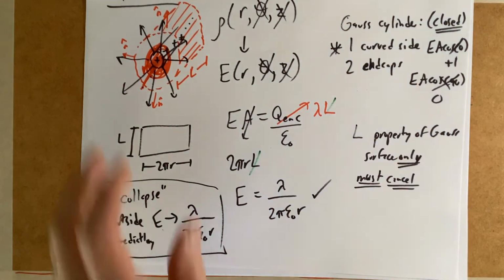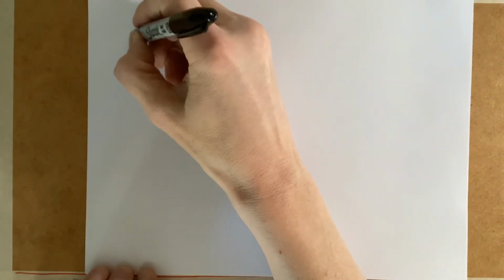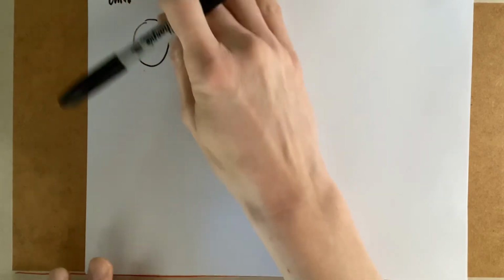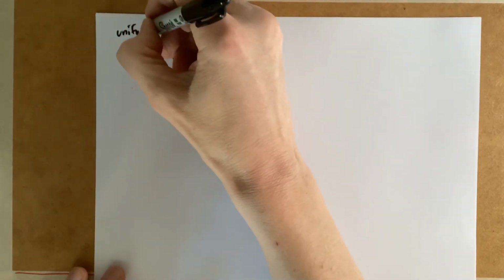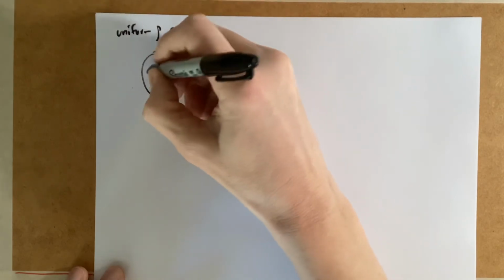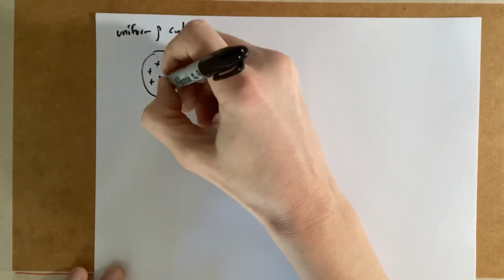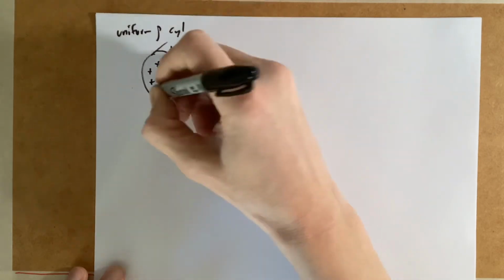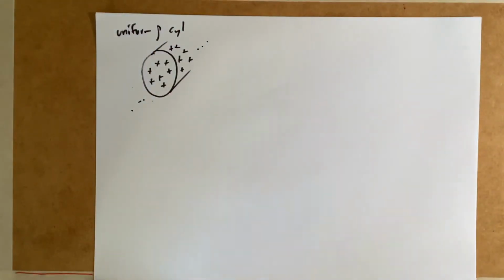Okay, so that's the outside, and then let's do the inside. There is no inside for an infinite line charge, but let's go ahead and look at a uniform rho cylinder. Uniform rho cylinder. So it looks like this, and it goes on forever.